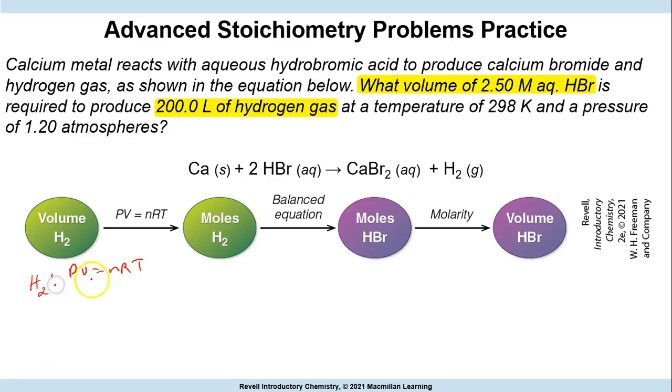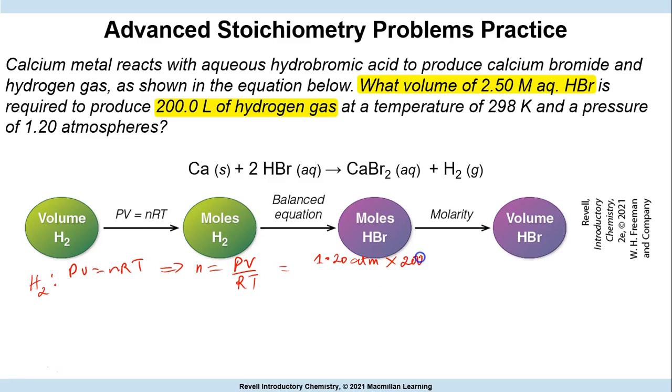So what is P? What is the pressure? So we are going to look for the number of moles. This implies n is equal to PV over RT, which is equal to, what is our pressure? Our pressure is 1.20 atmospheres times the volume.